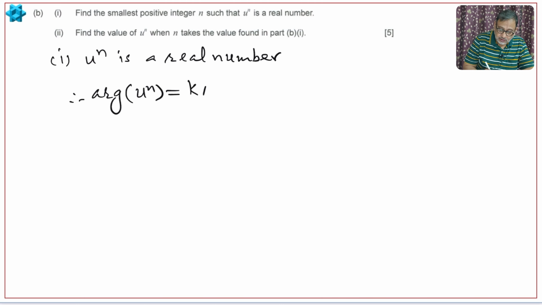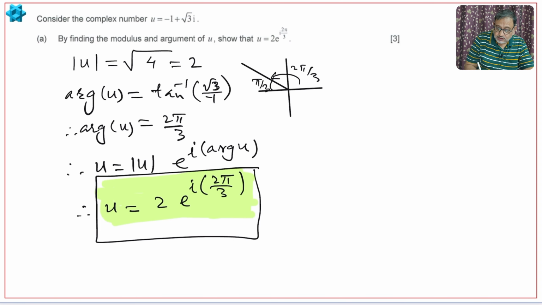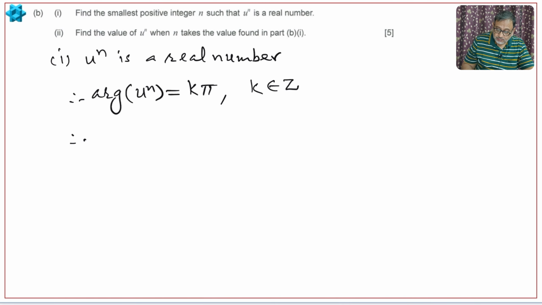Therefore the argument of u to the power n must be k pi, where k belongs to Z, some integer. The argument we have already found in part A, so u to the power n will have argument 2 pi by 3 n.